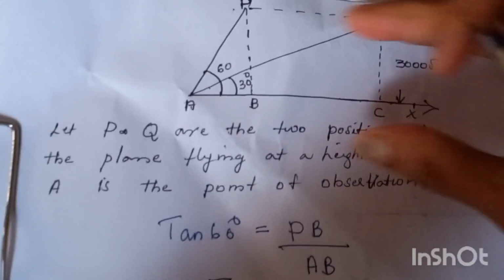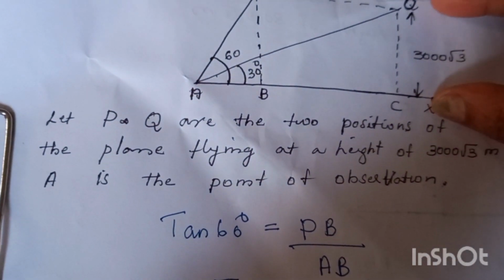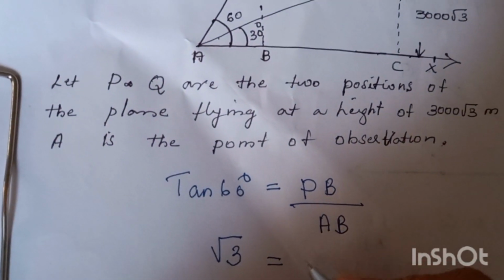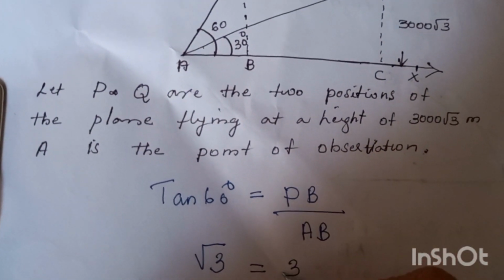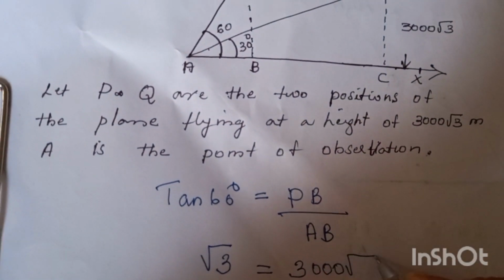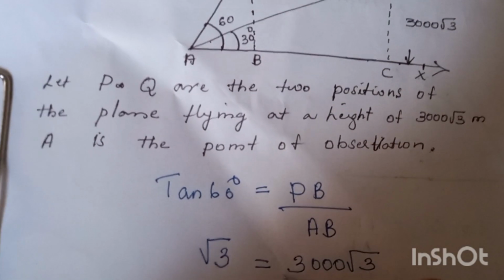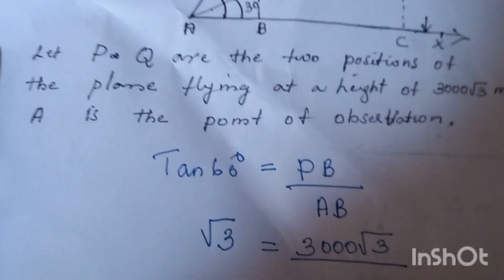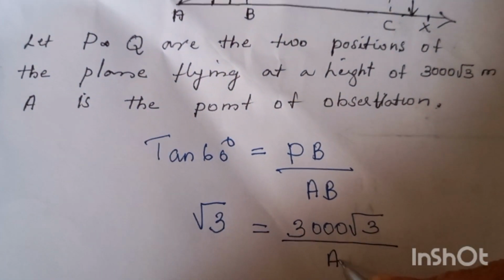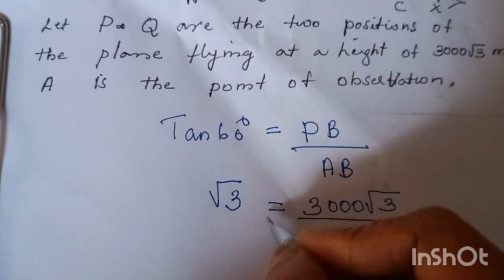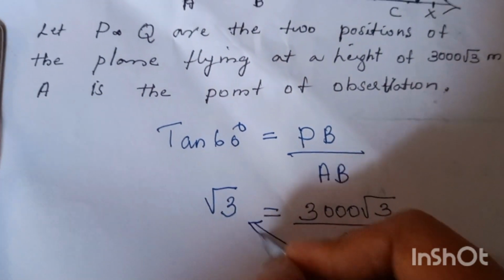What is the height PB? It is mentioned as 3000 root 3, so in place of that we can write 3000 root 3, whole divided by AB, which we have to find. So just cross multiply these.